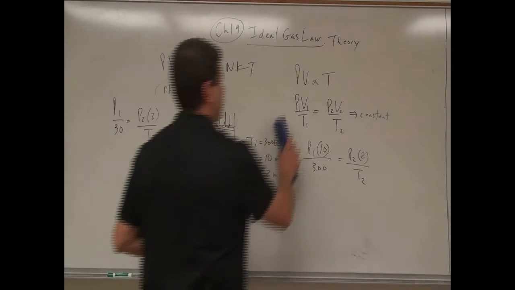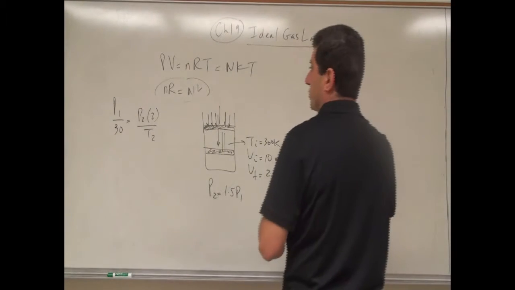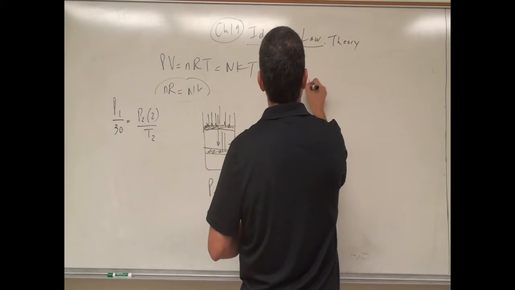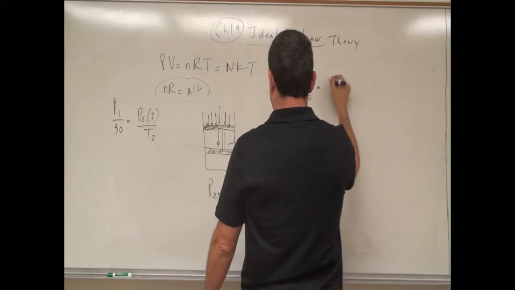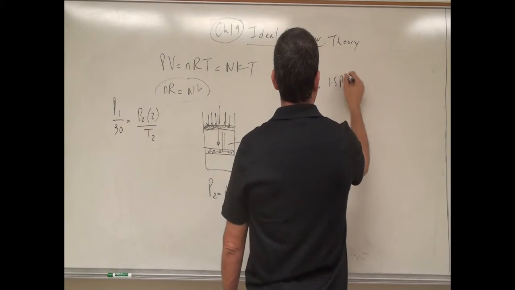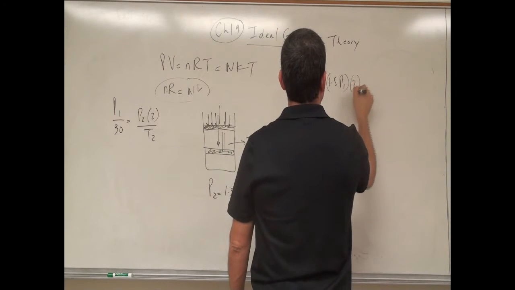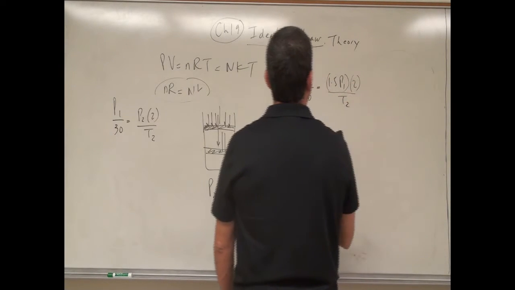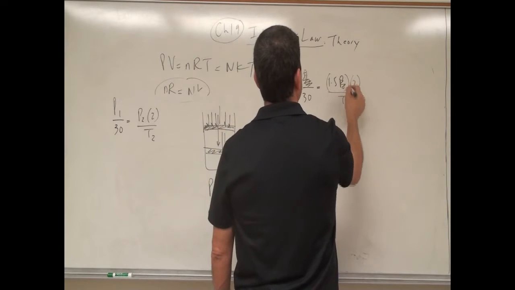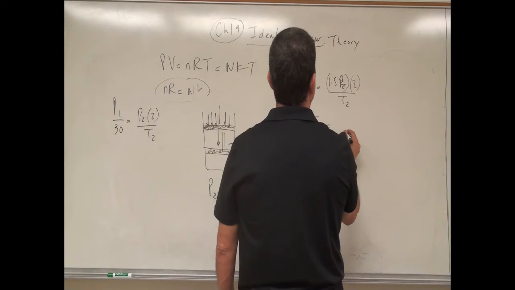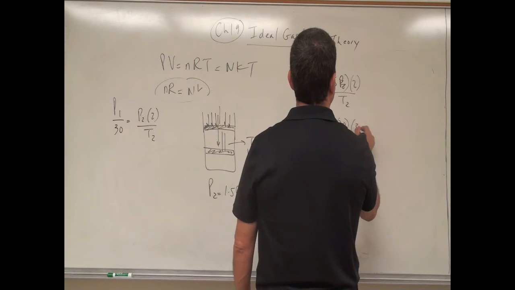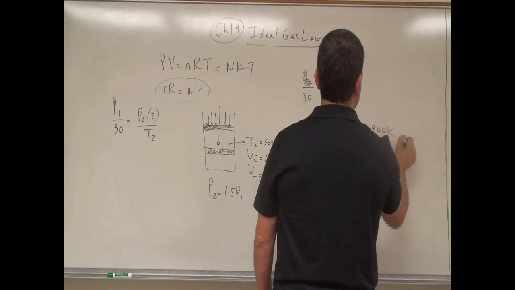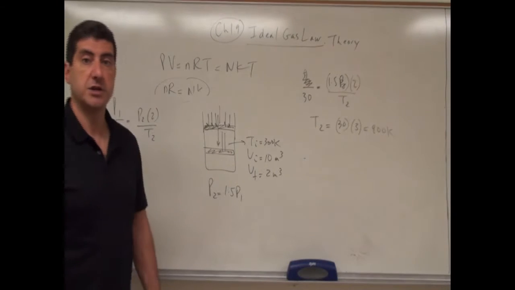So P1 over 30 is equal to 1.5 P1 times 2 over T2. And then the P1 cancel, and T2 is going to equal 30 times 2 times 1.5, which is 3, 900 Kelvin. So the final temperature is 900 Kelvin.